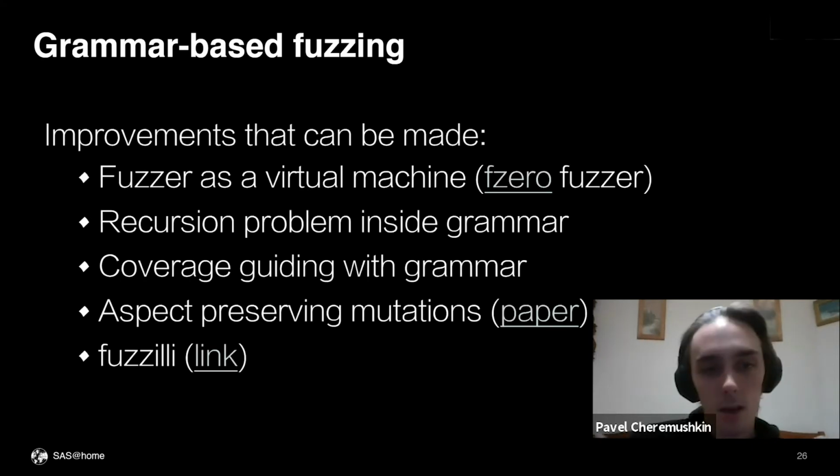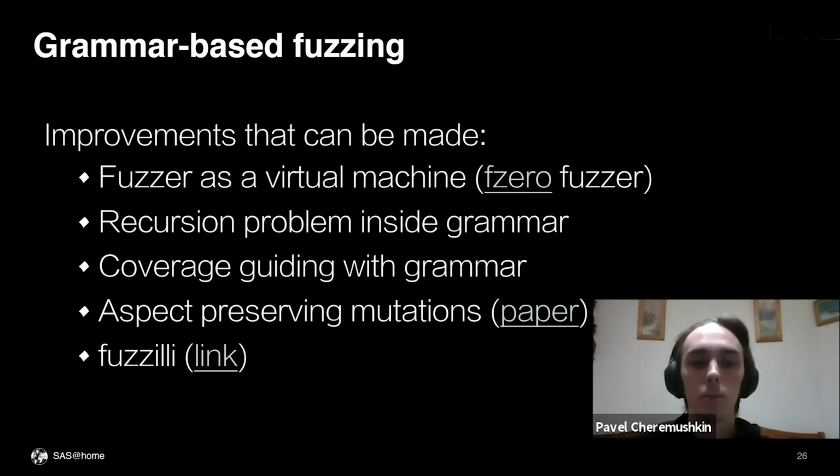So what kind of improvements can be made to fuzzers like this? To read about these improvements, first of all, there is a really common concept which is called fuzzer as a virtual machine, but it was formalized quite not so long ago, I guess. And I would recommend reading through the source code of the fuzzer.